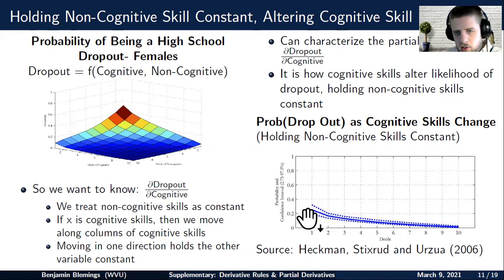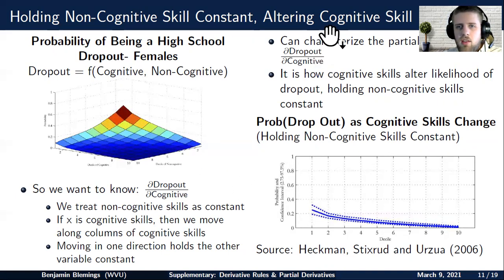And so you can see it's really steep here, and you can see that steepness in this graph that shows you what's happening on this plane for just one variable. What it does is hold non-cognitive ability constant, and it just moves along this axis here.